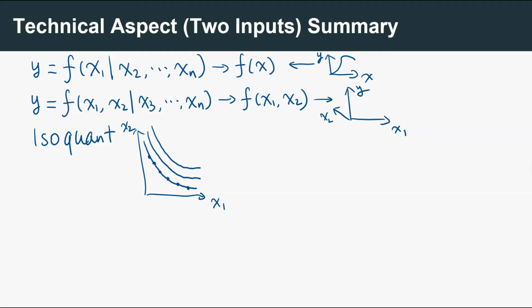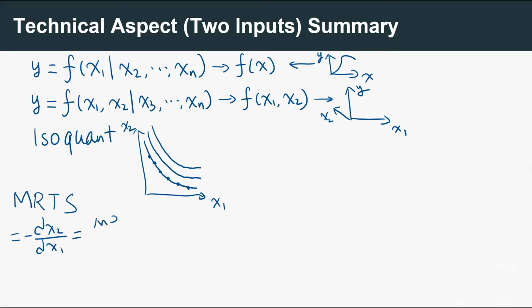To figure that out, we need to introduce a new concept, which is the rate of technical substitution, or sometimes the marginal rate of technical substitution. RTS is defined as the negative of the slope of the isoquant curve, and that is linked to the MPP concept. It can be written as a ratio of those two MPPs, and it measures the rate at which one input can be substituted by the other input.